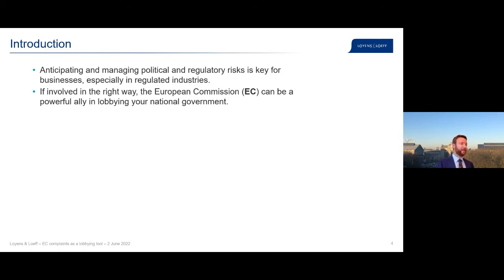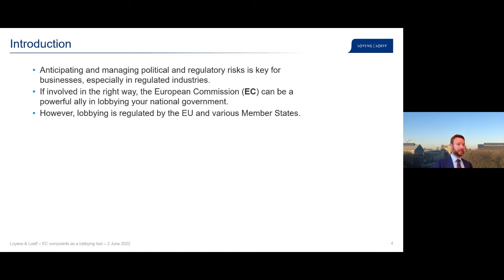They can be a very powerful ally, but only if you understand well their role, and if you take care that this is done at the right time and at the right occasion. What you also need to be aware of is that lobbying is regulated both at the EU level and in various member states, and I assume that Latvia will be no exception to this.